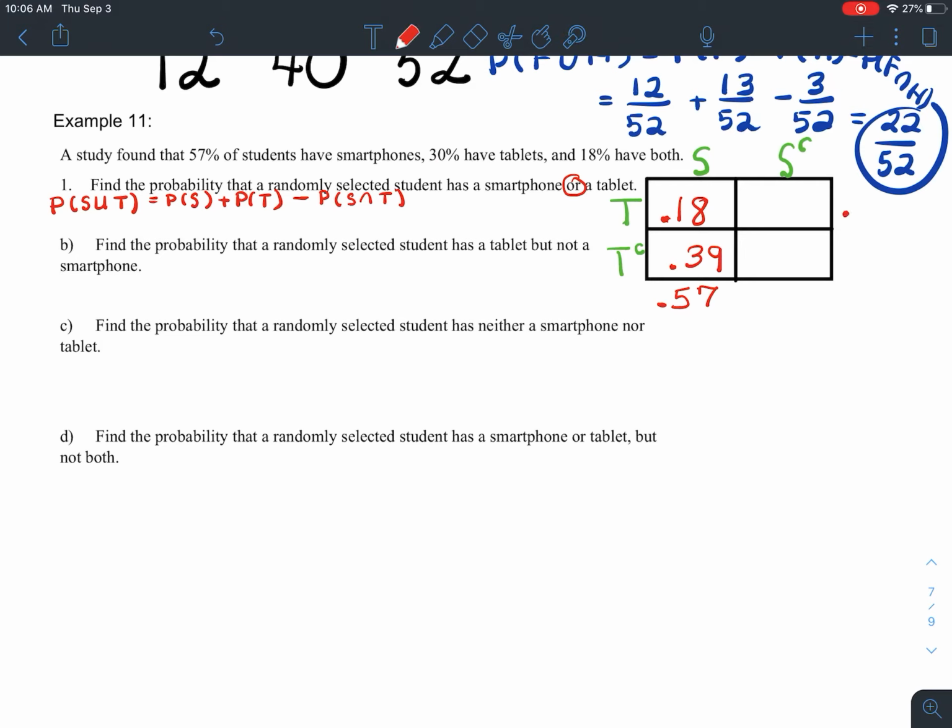Okay, they also share with us up here that the total number of tablet owners in terms of percents is 30%. Okay, so that means the total for this tablet row should be 0.30, leaving this gap here would have to be 0.12. Okay, keep in mind these are percentages, so that means the grand total of the far right column or the very bottom row should total to be 100%.